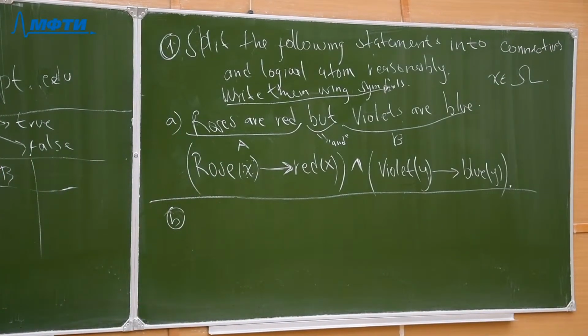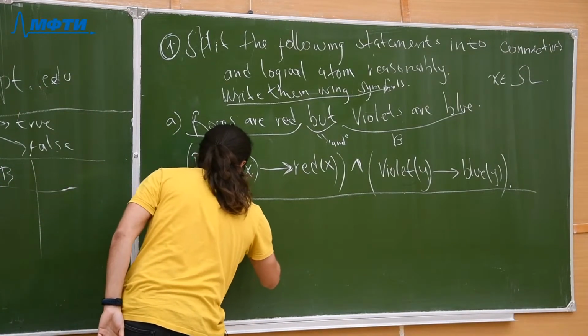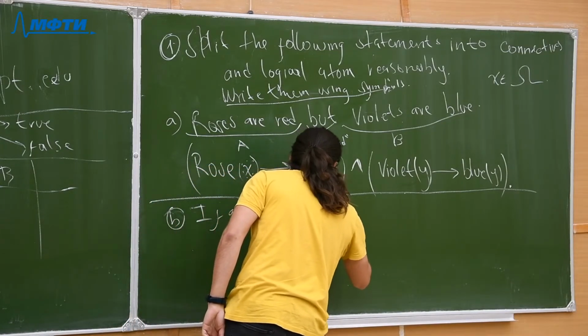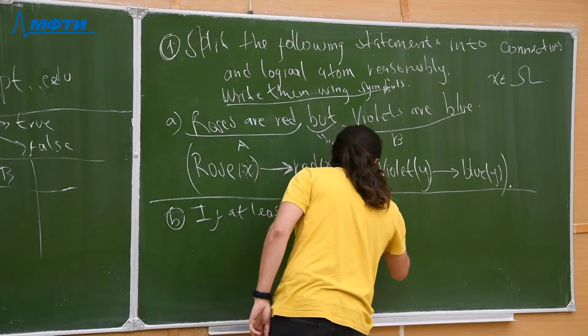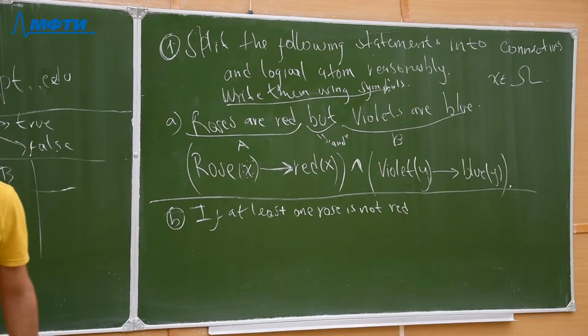If at least one rose is not red, then it's not the case that violets are blue.